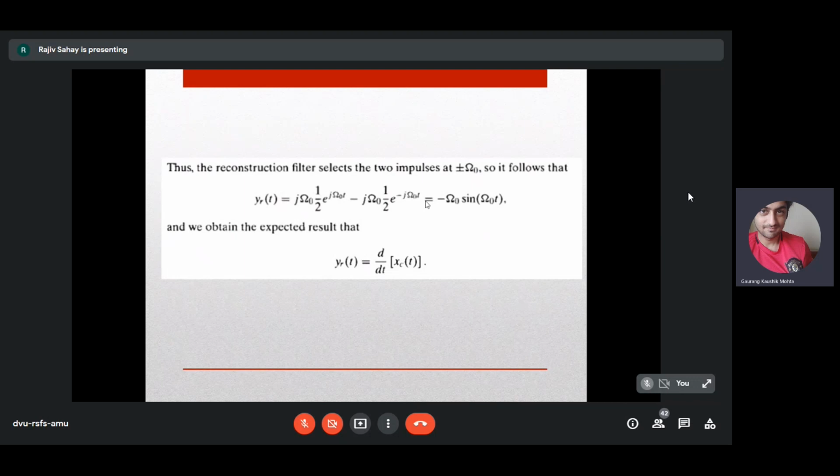So the reconstruction filter selects the two impulses at plus minus omega naught, and you get this, which is equal to minus Ω₀ sin(Ω₀t).